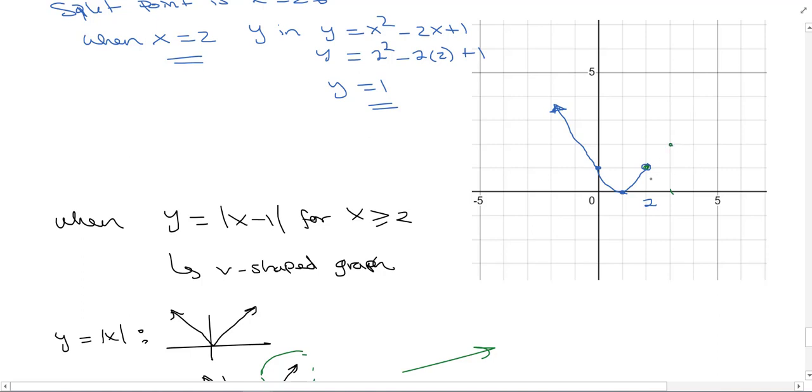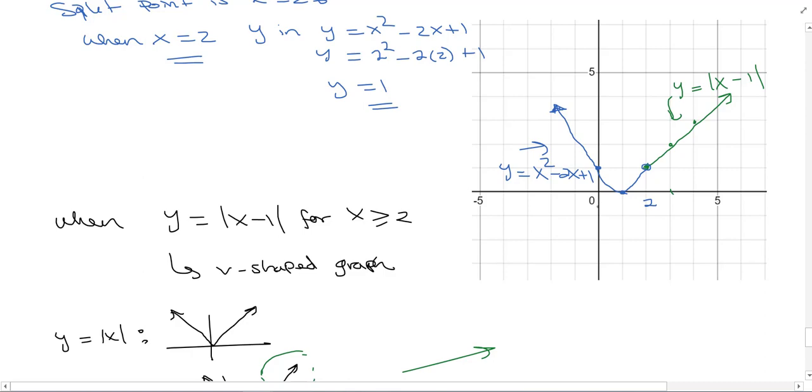And so you're going to graph your line. So it looks a little more straight. So this should be a little more curved, and then you have your absolute value. So this is y equals the absolute value of x minus 1, while this side is y equals x squared minus 2x plus 1.